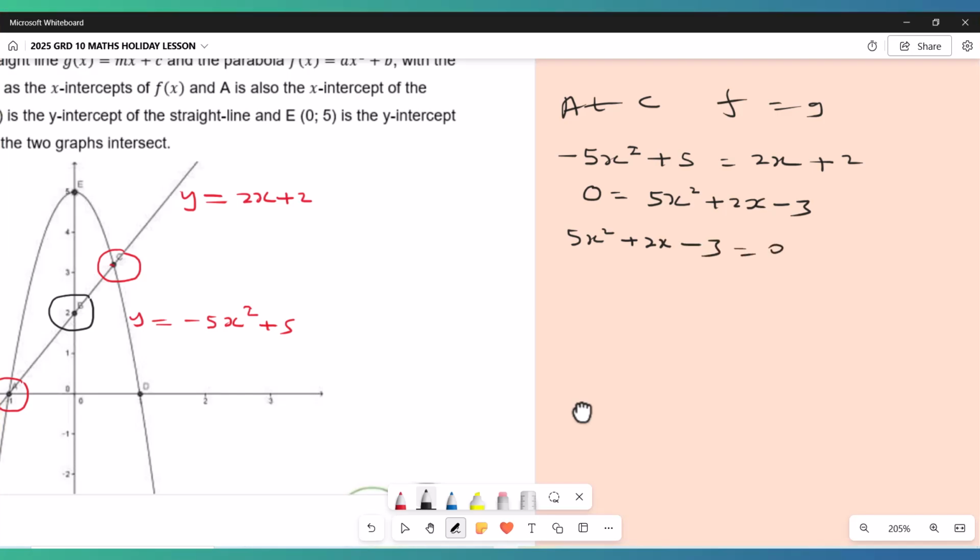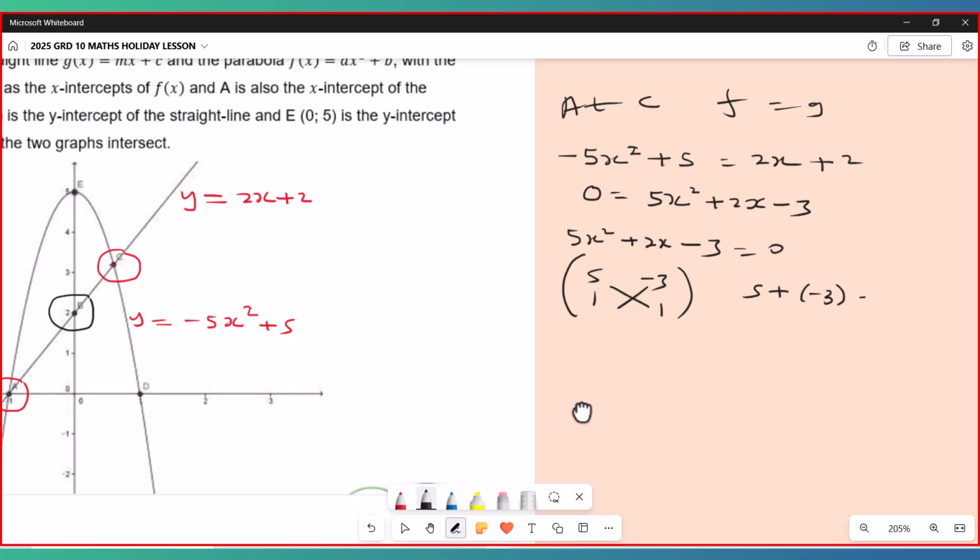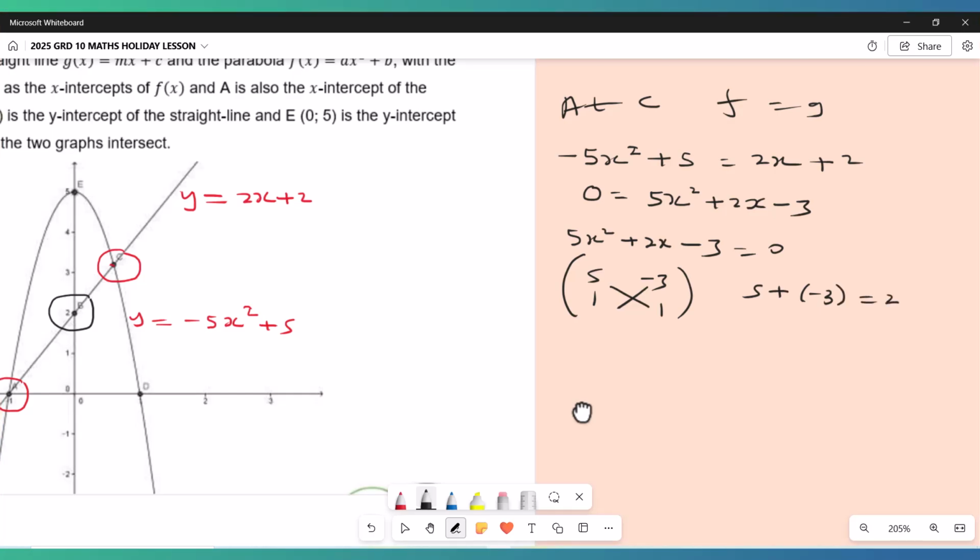Let us do the cross method here. We say 5 times 1, and then negative 3 times 1. If you cross, 5 times 1 is 5, then 1 times negative 3 is negative 3. When we add negative 3 plus 5, we get 2, which is the middle term.